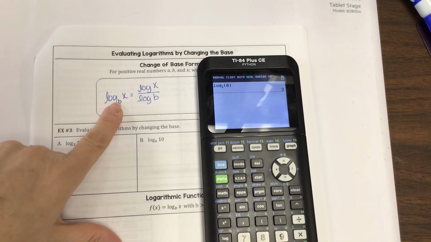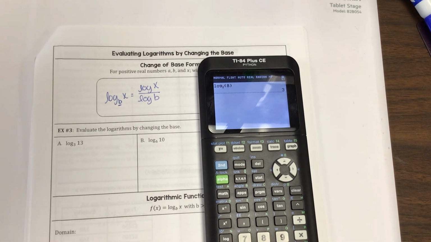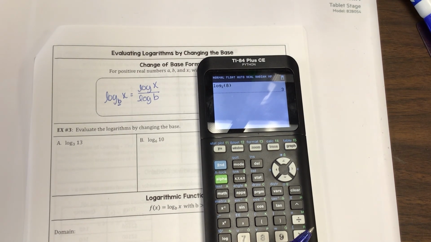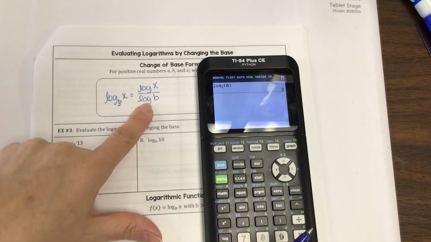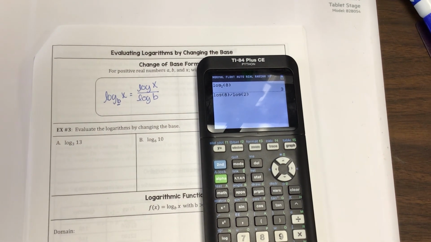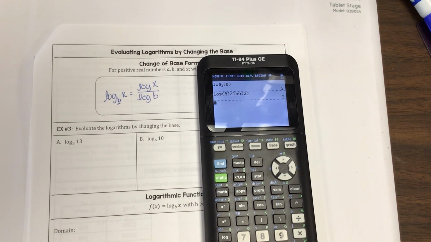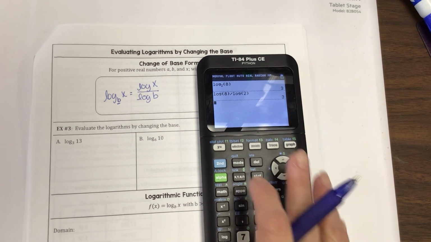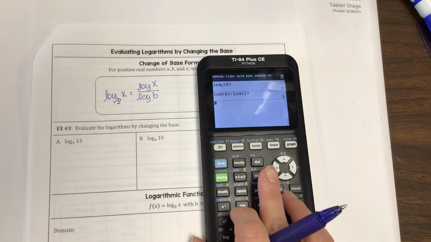But one of those regular scientific calculators does have log on it, and that's base 10. And so you could do log of 8 divided by log of 2 on even one of those most basic scientific calculators, and it gives you the same answer. That's where this change of base formula comes in handy.